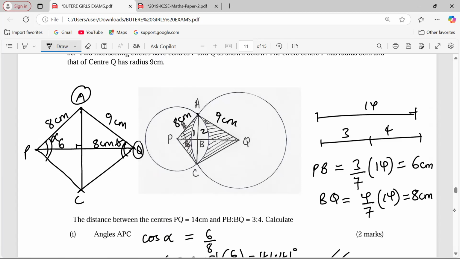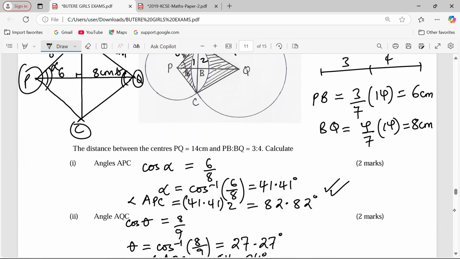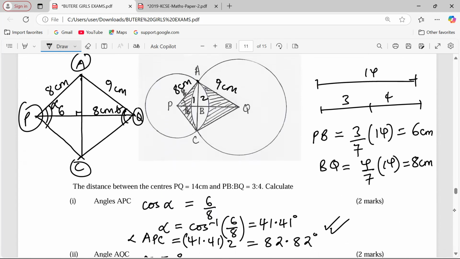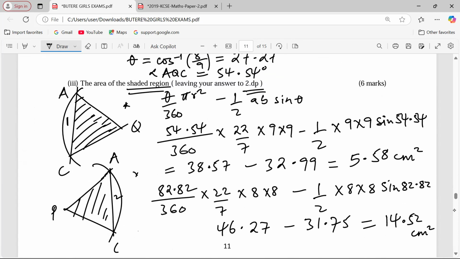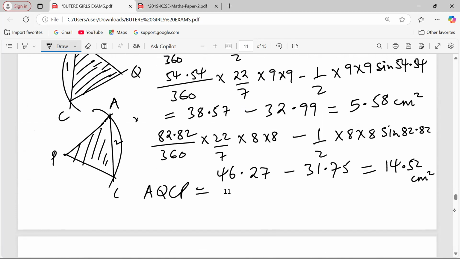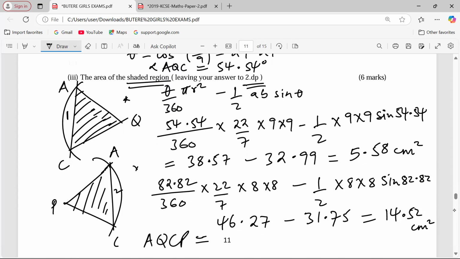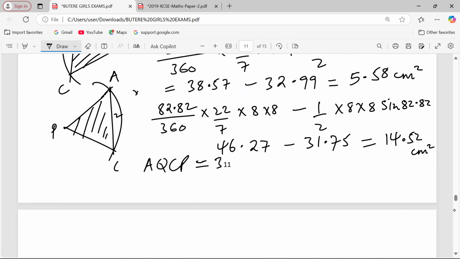Figure AQCP is 2 joint triangles, whereby the total area of that kite will be equal to the 2 triangles added, that is 32.99 and the other triangle, which is 31.75.